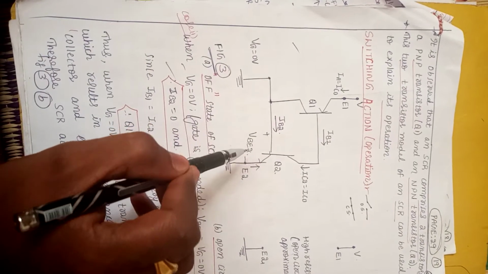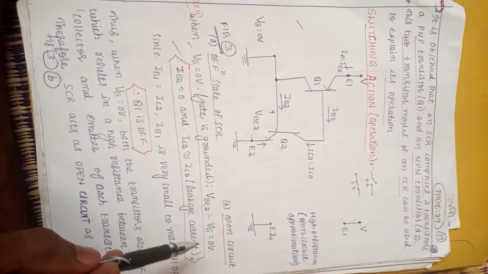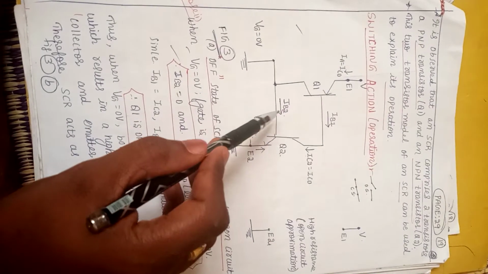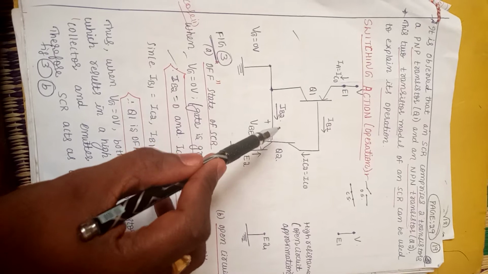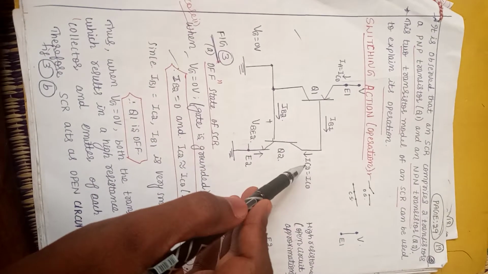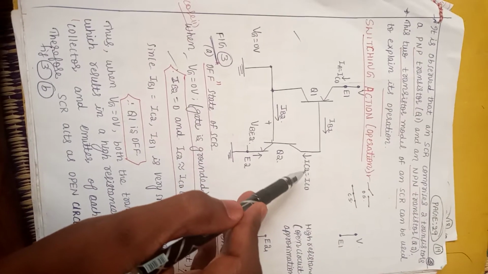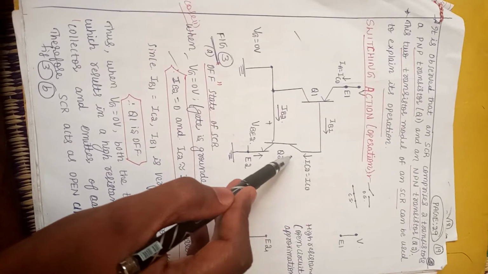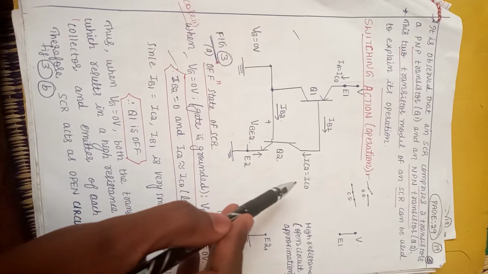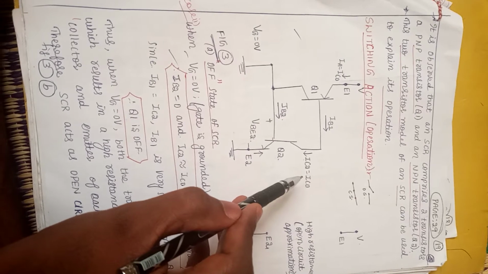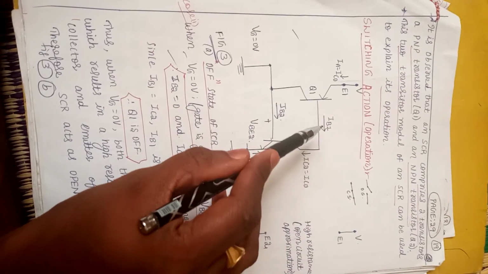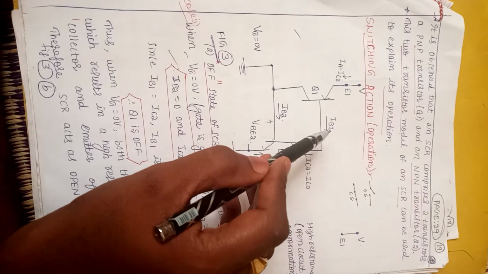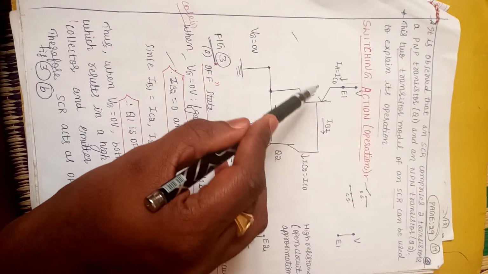If Vb is 0 volt, then IB2 is 0. Obviously, base to emitter voltage is 0, which means base current is 0. Therefore, the collector current is 0. Only a leakage current will flow through the transistor due to minority charge carriers. Then IC2 is equal to IB1. Therefore, IB1 is 0, so Q1 will also be in the off state.